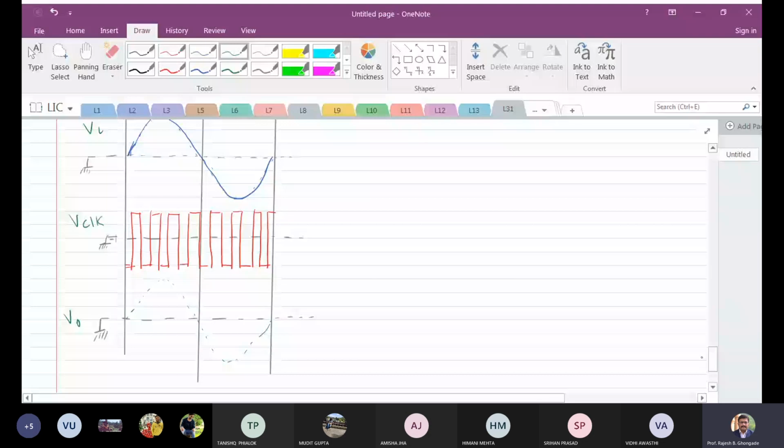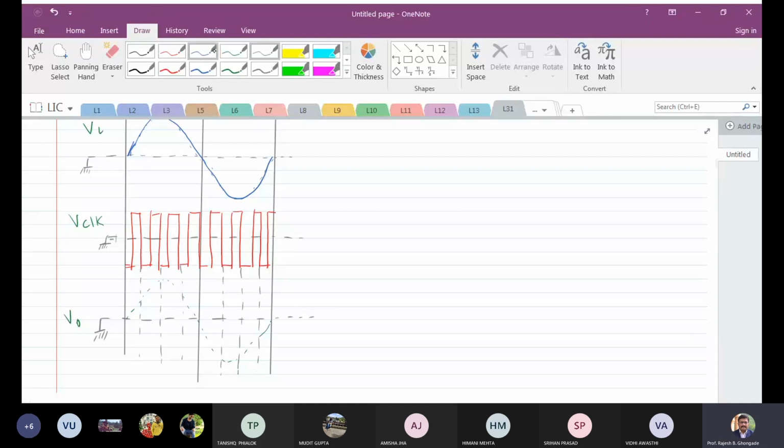Let me draw that completely, so that you'll be able to understand it. It is not drawn to scale, so there may be some deviation.